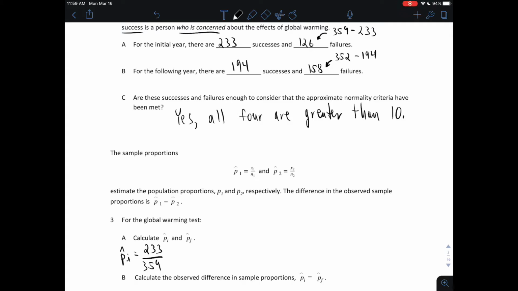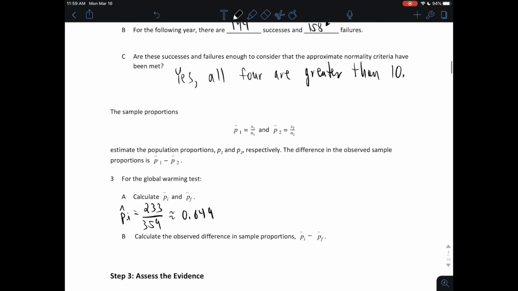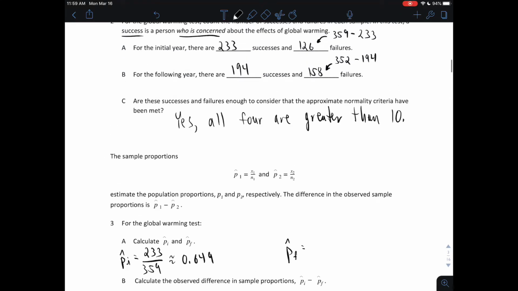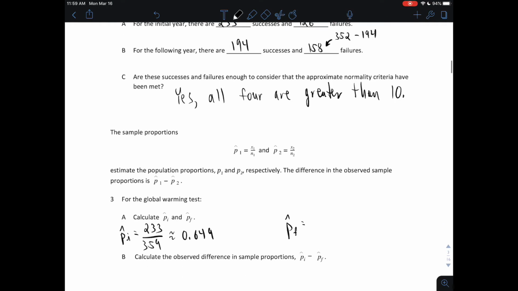And if we divide those and round to 3 decimal places, we will get approximately 0.649. And then for p hat F, the successes that we had was 194, and then the total 352. Dividing those and rounding to 3 decimal places, we get 0.551.